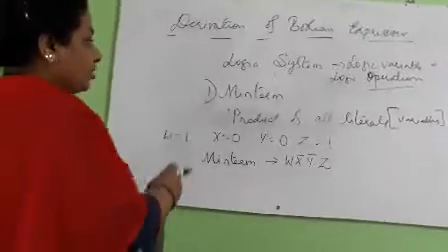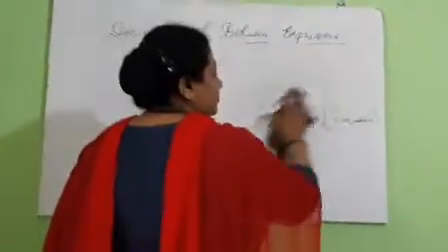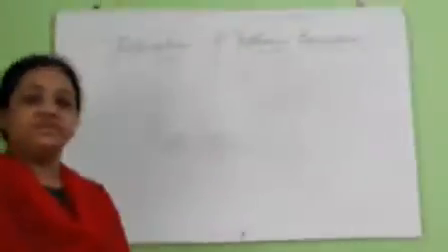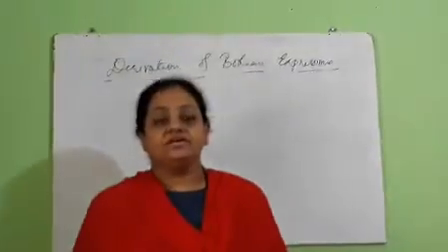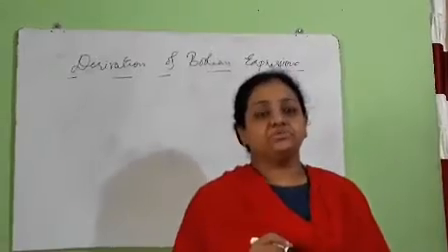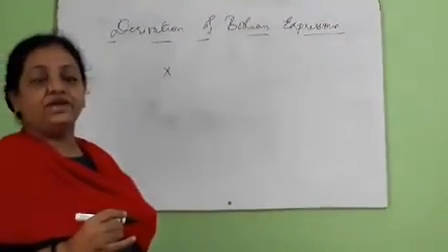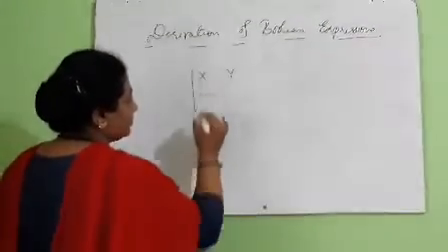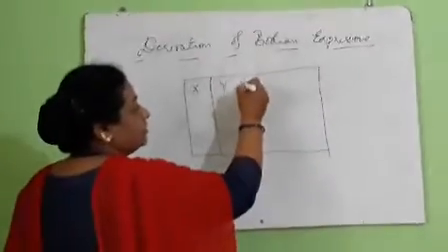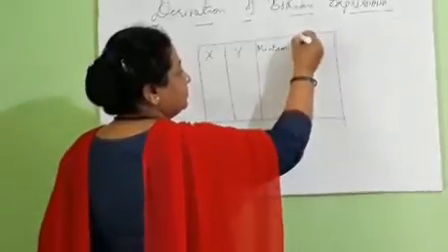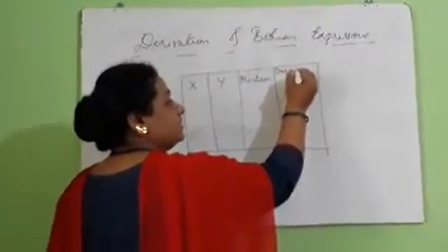Let us draw a minterm truth table for two variables, x and y, with a column for the minterm and one more column called designated terms.